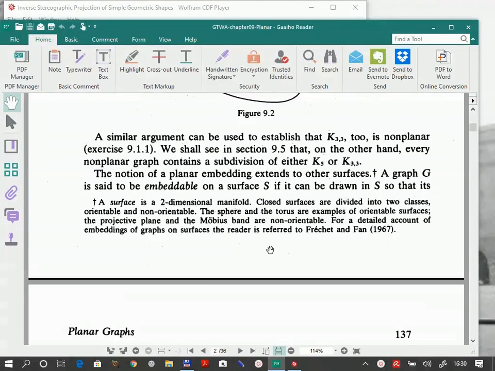If I take a torus, for instance, then for each point I have a neighborhood in the surface, okay, which is homeomorphic with a certain neighborhood of a point in R2.